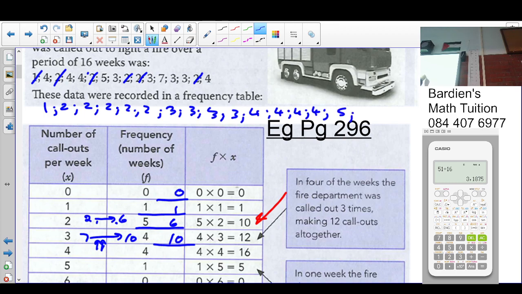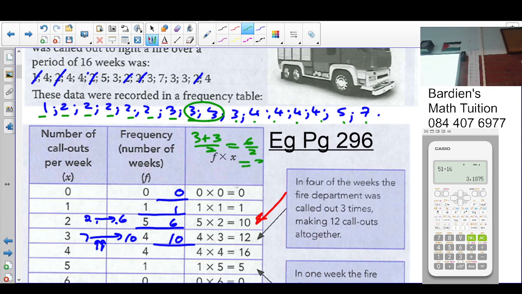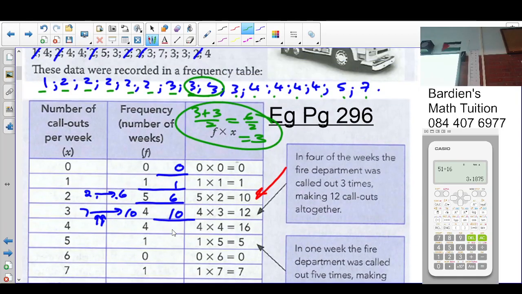So we're looking for which number? For the 8th and 9th number. So we count 1, 2, 3, 4, 5, 6, 7, 8. And 1, 2, 3, 4, 5, 6, 7, 8. So you can see those two numbers are in the middle. So if there's two numbers in the middle, what do I do? I add them together, divided by 2, which is 6 over 2, which is 3. Which makes my mode, sorry, my median, incorrect.